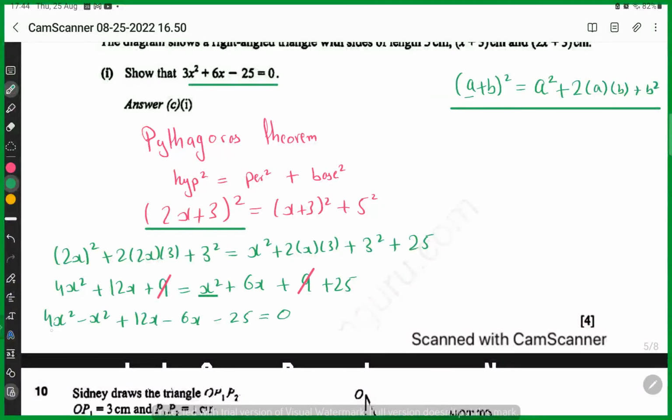Finally, 4x squared minus x squared, both terms of x squared, so I can subtract: 3x squared. Both terms of x, so I can subtract: plus 6x and then minus 25 equals 0. So this is the answer and this is what I was asked to prove.